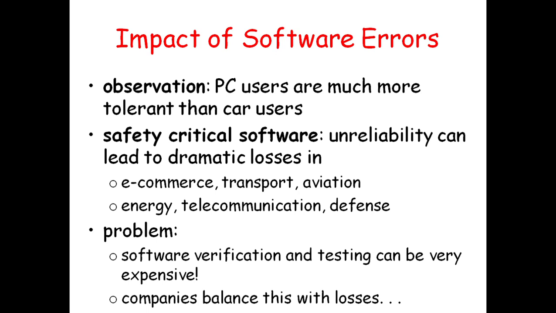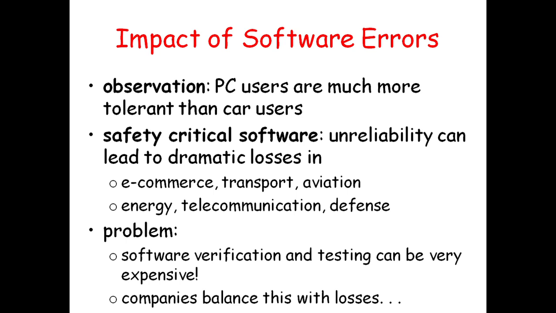So what is the impact of software errors on different systems and different users? The impact of software errors on different users is different. For a personal computer user, a software error is not that significant.